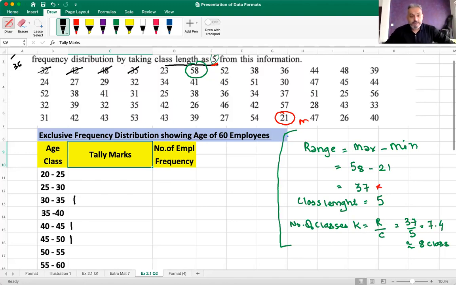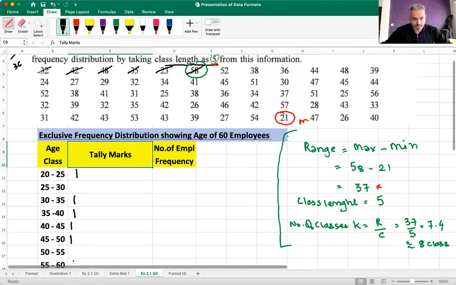Now 35, where will 35 come? 30 to 35 or 35 to 40? 35 to 40. Then 23. Then 58. Then 52, so 50 to 55.